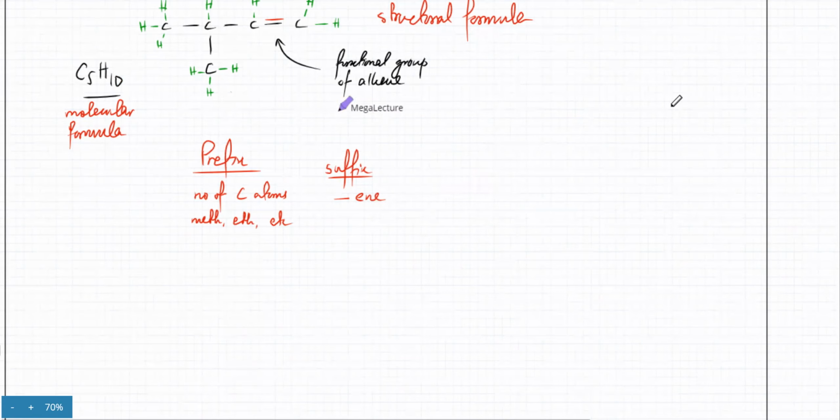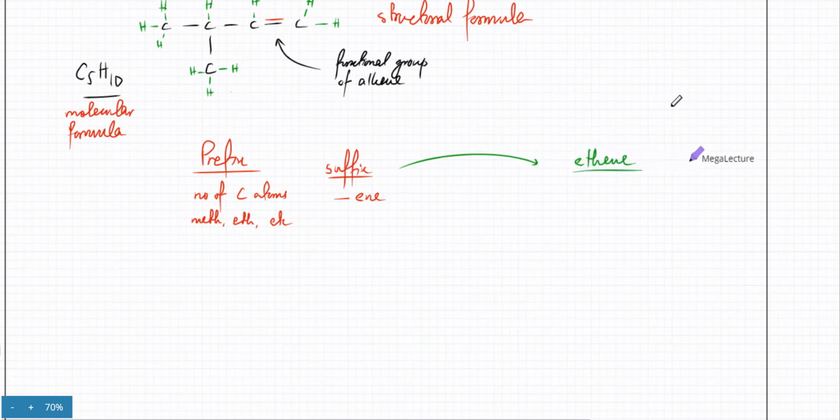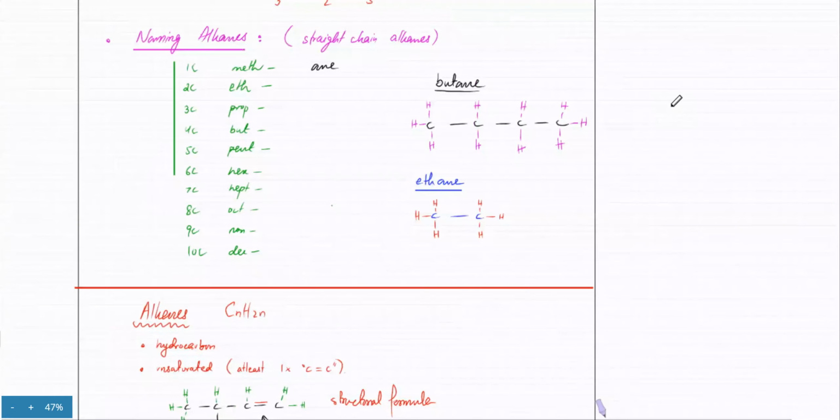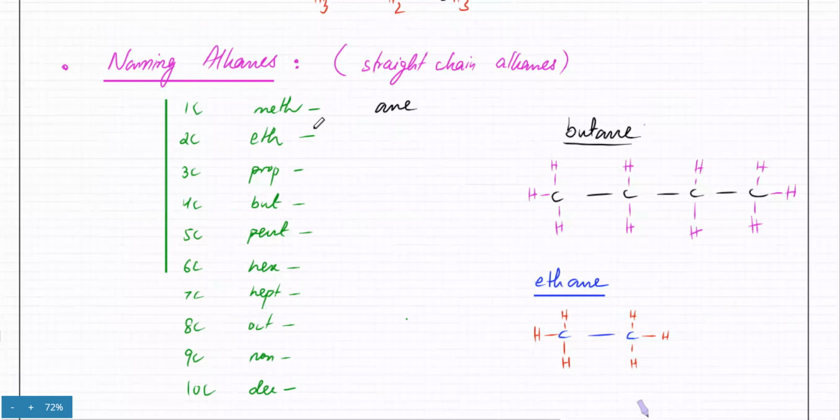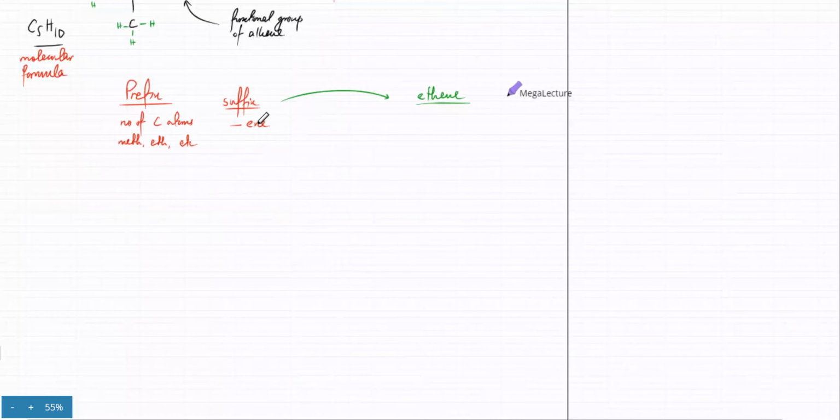So for example, you have this molecule over here, and that's ethene. Now, according to our knowledge of alkenes, eth stands for two carbon atoms. So that means the molecule has a total of two carbon atoms.